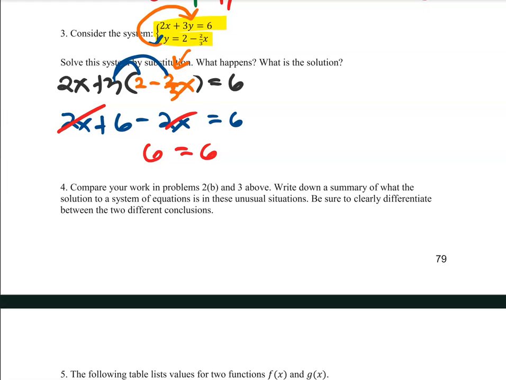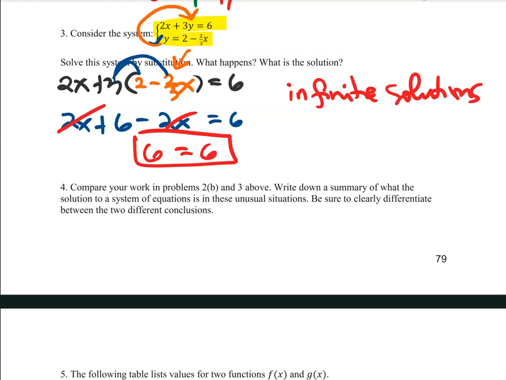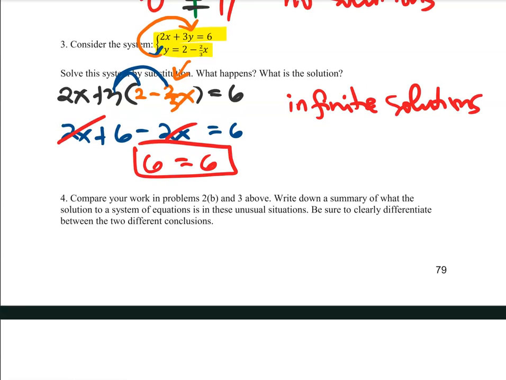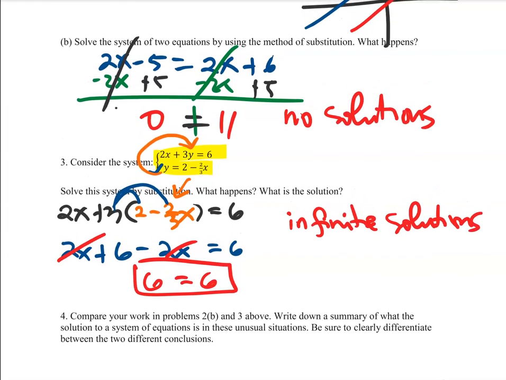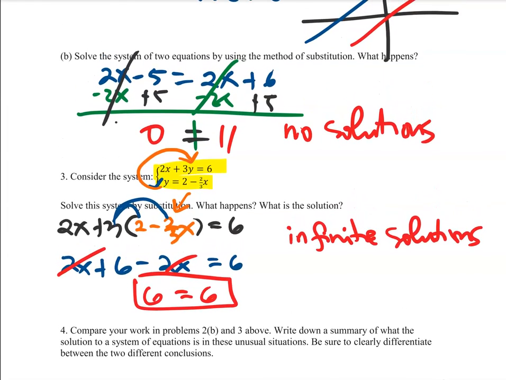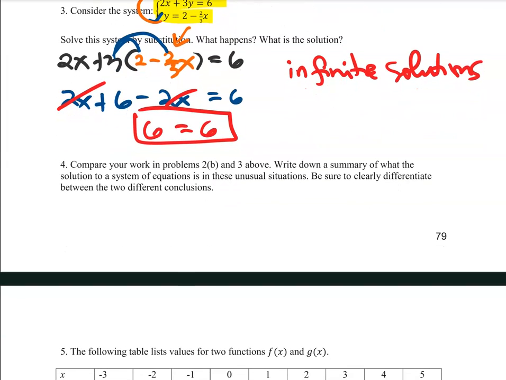And when they are equal to each other, we can say that we have infinite solutions. See the difference between the two. Number 2, if they're not equal to each other, no solutions. If they're equal to each other, infinite solutions.